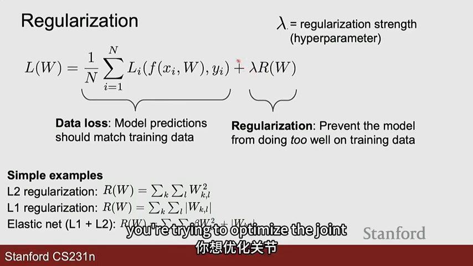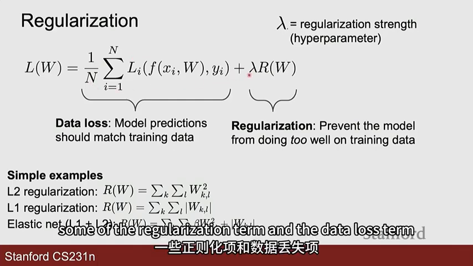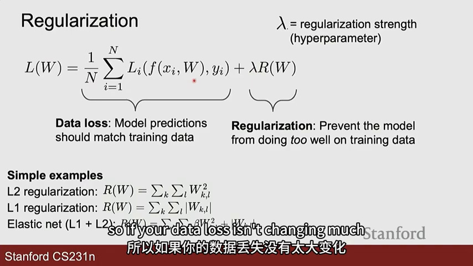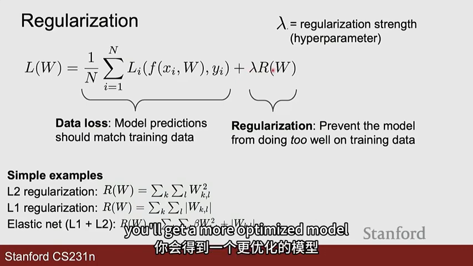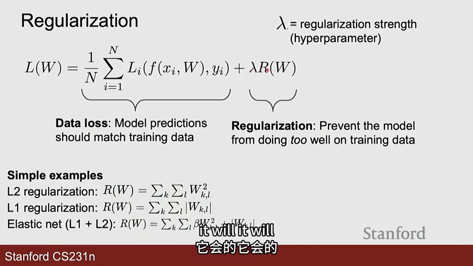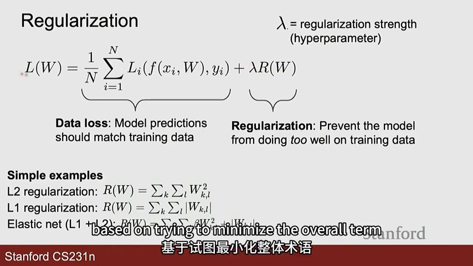It's a trade-off. You're trying to optimize the joint sum of the regularization term and the data loss term. So if your data loss isn't changing much, but you're able to go lower on the regularization term, you'll get a more optimized model. So it will be preferred based on trying to minimize the overall term.